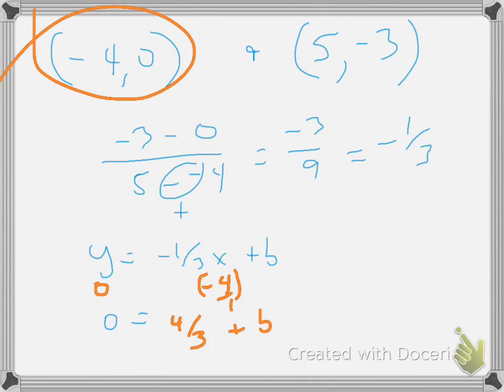Solve for b, and what do you got to do? Subtract 4/3 from both sides. Holy moly, it's just what I suspected. B equals negative 4/3. So y equals negative 1/3 x minus 4/3.